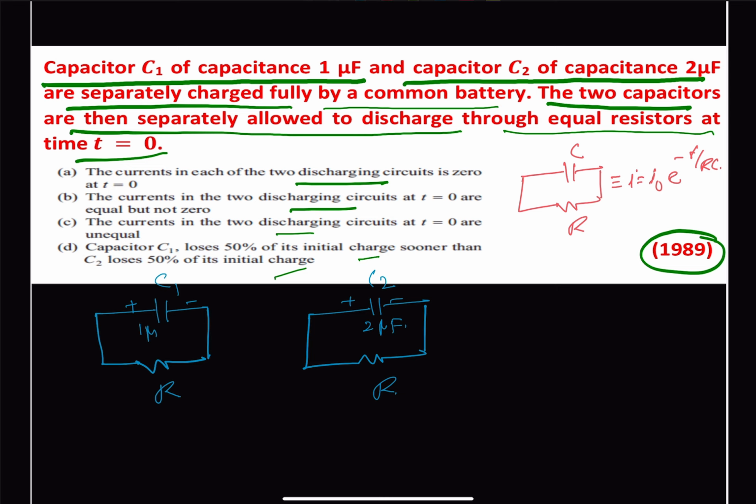Where this I naught is our initial current, and that value is equal to V upon R, and here V is the potential with which the capacitors were charged.